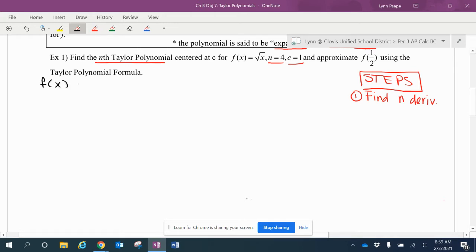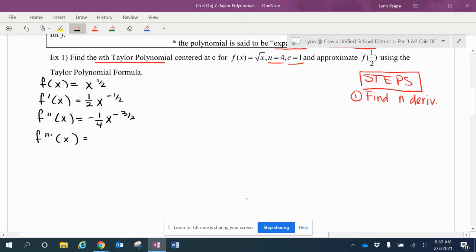So our function is the square root of x. And then we want to find the first derivative. So we'll just use power rule here. And then we're going to find our second derivative. And then our third derivative. And then finally our fourth derivative.